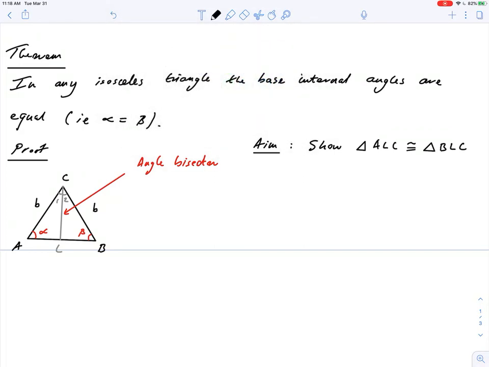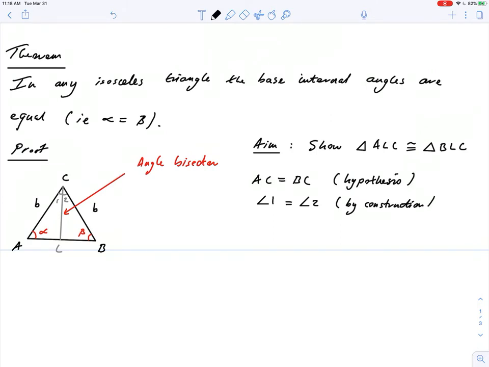So let's do this carefully. First of all, sides. AC is equal to BC. Okay, this is the hypothesis. It's a hypothesis because we are assuming it's an isosceles triangle. Next, the angles 1 and 2 are equal to each other. And I'm going to say by construction because we ourselves have drawn in the angle bisector.